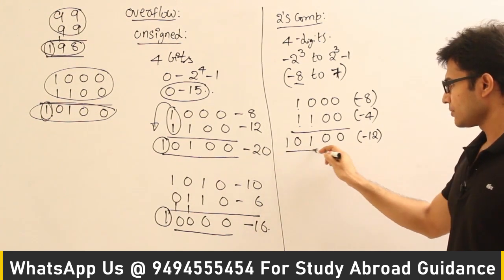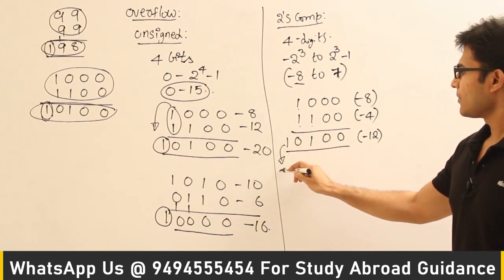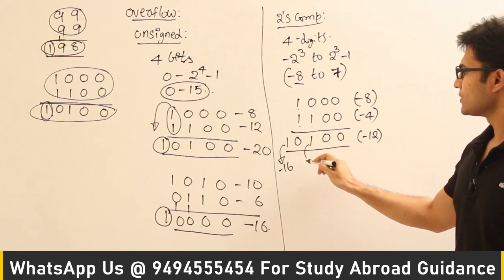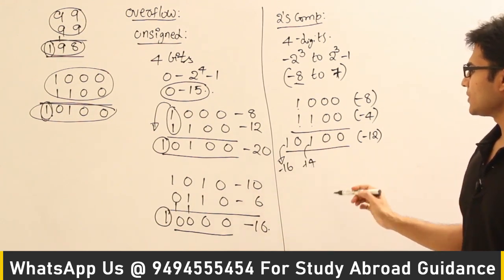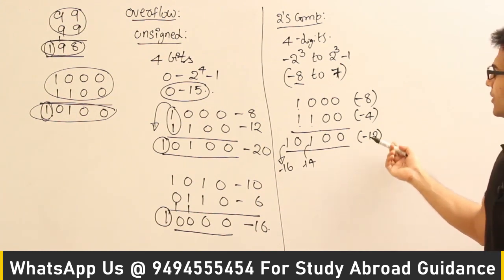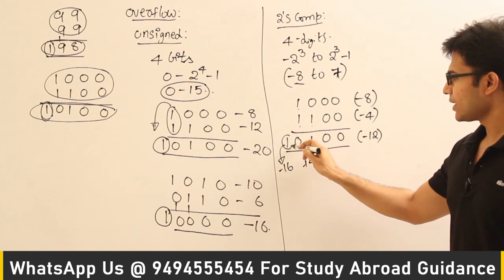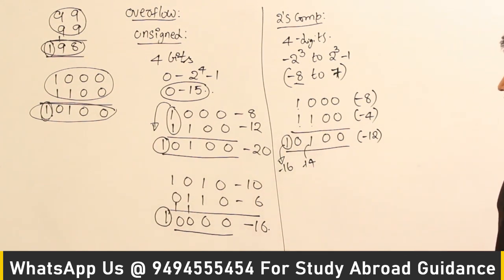And what is this result representing in 2's complement? Check this. This is nothing but minus 16 and this is nothing but plus 4. Minus 16 plus 4 is minus 12. Therefore, there is clearly an overflow, isn't it? So here in this case, the carry indicates overflow. Got it?